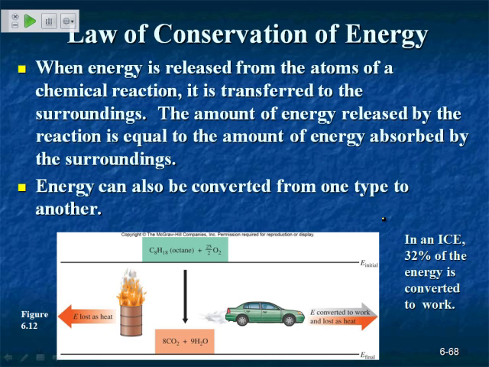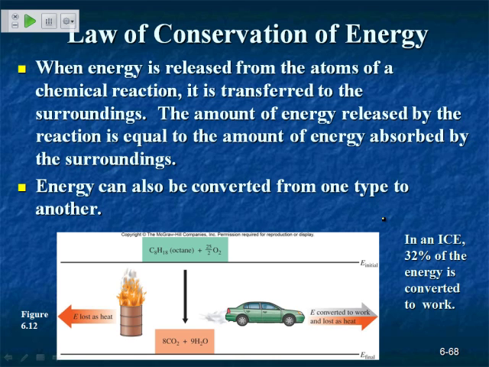So that is the law of conservation of energy. We cannot create or destroy energy, and when a chemical reaction releases energy, something else would absorb that same amount of energy. So the amount of energy released is equal to the amount of energy absorbed by the surroundings.